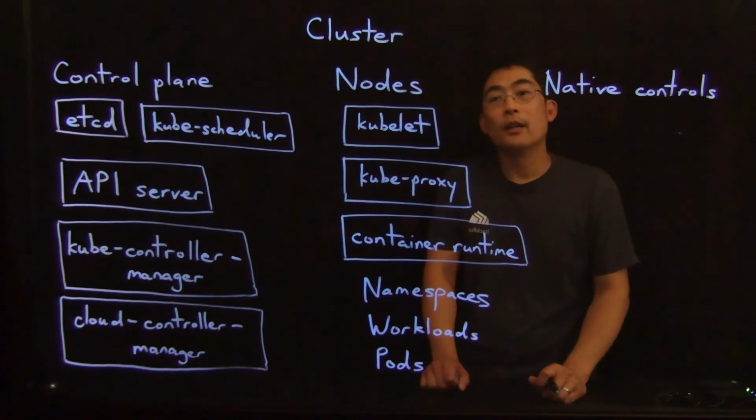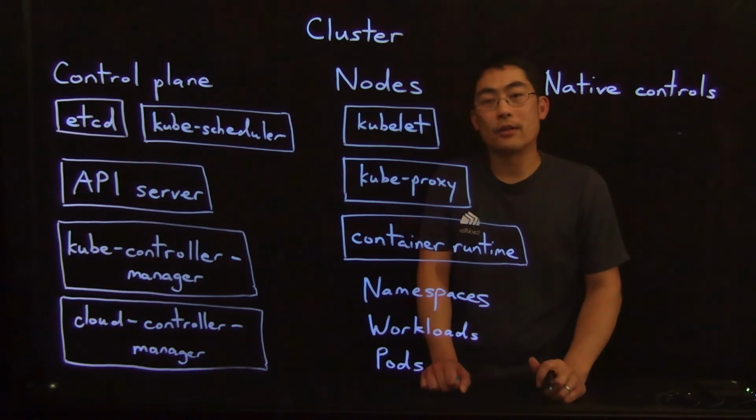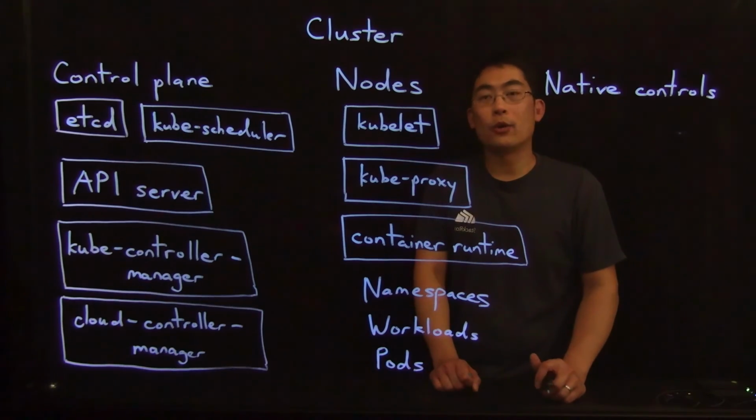Now that we've covered the components that make up infrastructure and applications running throughout a cluster, let's turn to the native security controls that can be applied across these components within a given cluster. And one of the great things about Kubernetes is that it makes available a number of different native security controls that can be applied at different levels to different resources in a cluster.